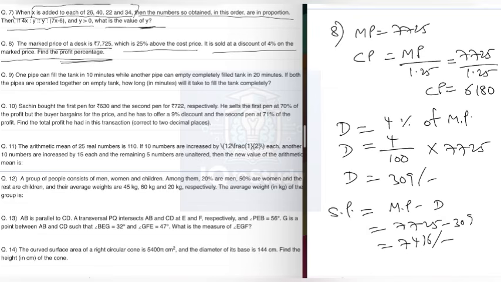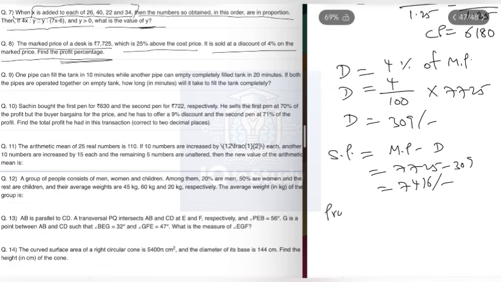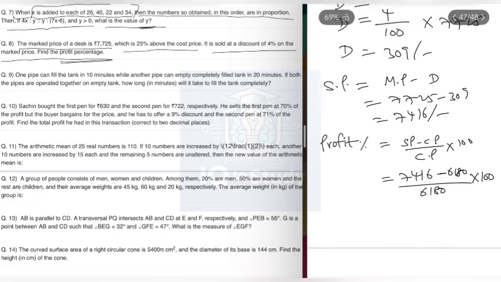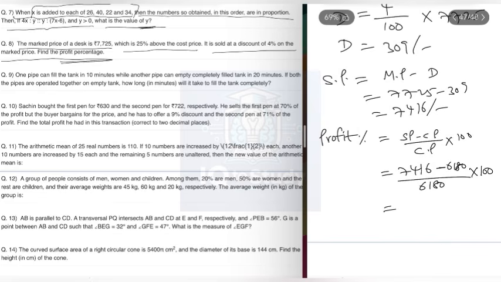We have to find the profit percentage. So profit percentage is SP minus CP by CP into 100, which means 7,416 minus 6,180 by 6,180 into 100, that is equal to 1236 divided by 6180 into 100, which is 20%.